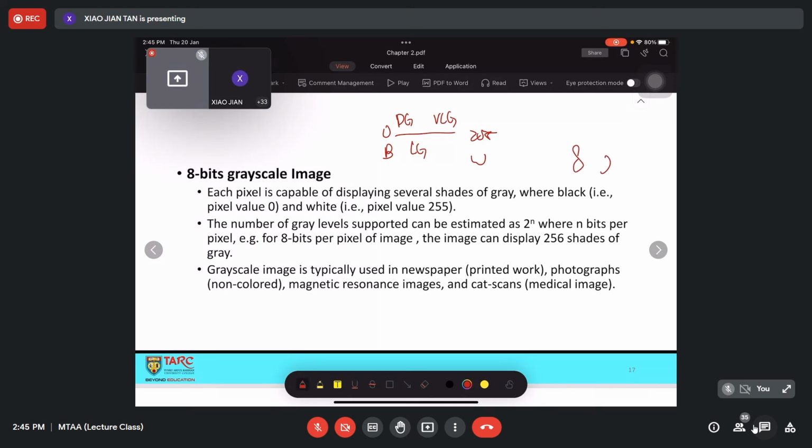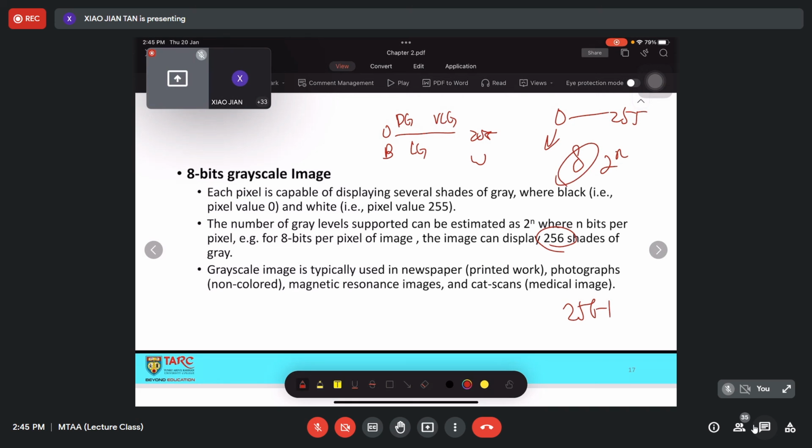Because 2 to the power of 8 gives you 256. For images we start from 0, so 256 minus 1 means the maximum value is 255. The minimum is 0, and 0 represents black.